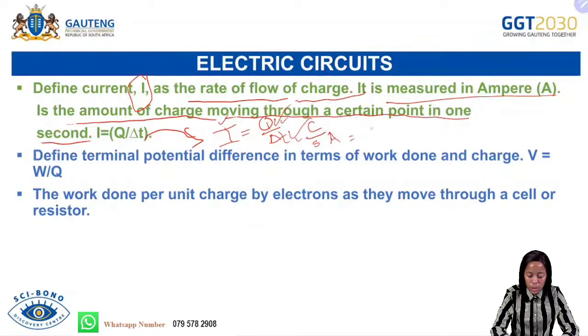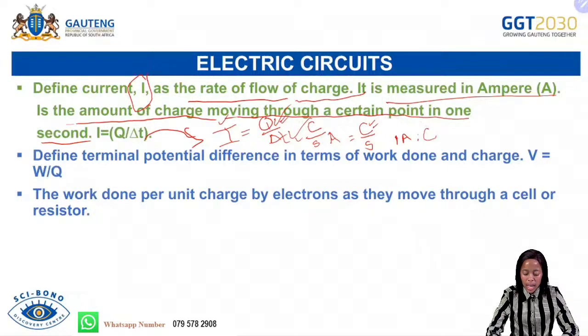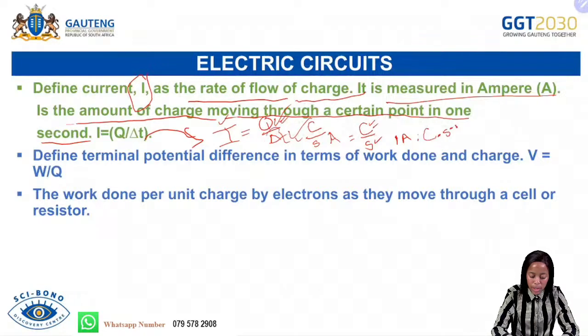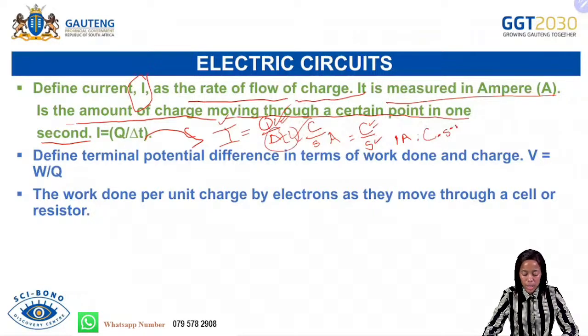So right now it means that we have an ampere is equivalent to coulomb per second. So this can come up as one of the multiple choice questions, to say maybe that 1 ampere is also equivalent to what? So therefore 1 ampere will be equivalent to coulomb per second, and that is what we have there according to the change in time.